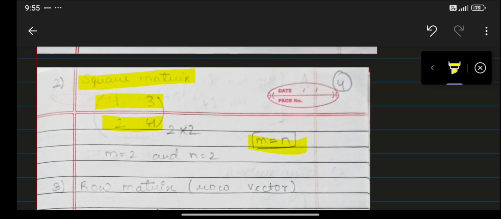So we have two rows, and these are the two columns, right? We call such a matrix a square matrix, where the number of rows is equal to the number of columns. Here m equals 2 and n equals 2, right?